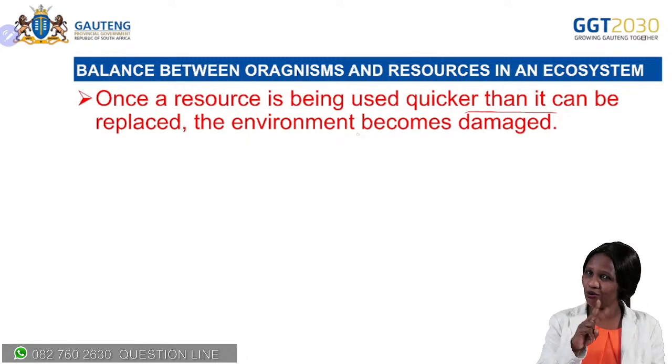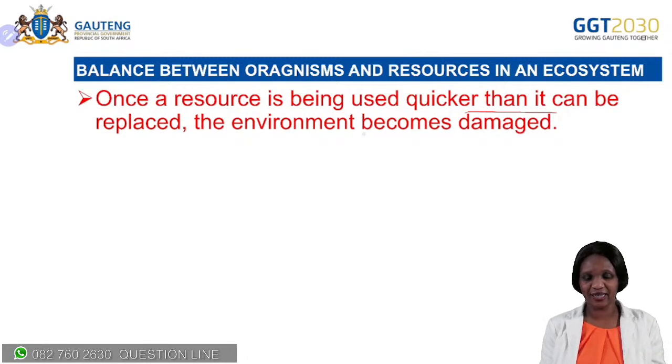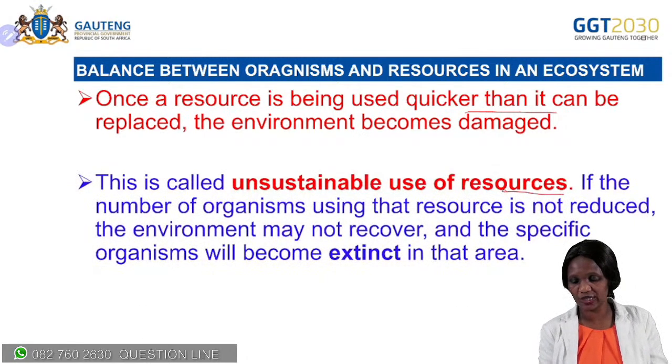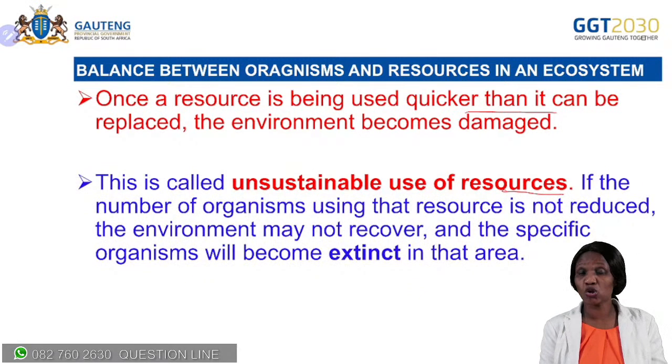Two or more. All right. So that we replace that tree. This is called unsustainable use of resources. All right. If the number of organisms using the resource is not reduced, the environment may not recover, and the specific organisms will become extinct in that area.